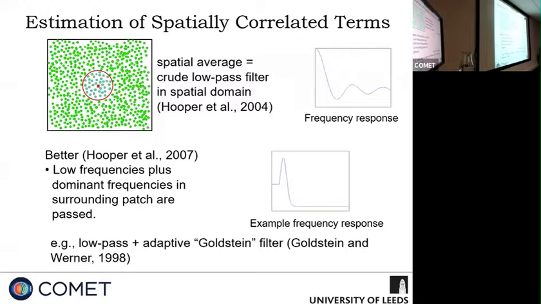You can use different kinds of filters. The one that seems to be working best is a low pass filter plus an adaptive Goldstein filter. If you're interested in the paper, just take it from me that this is one of the better methods of doing it. And that gives you spatially correlated phase.